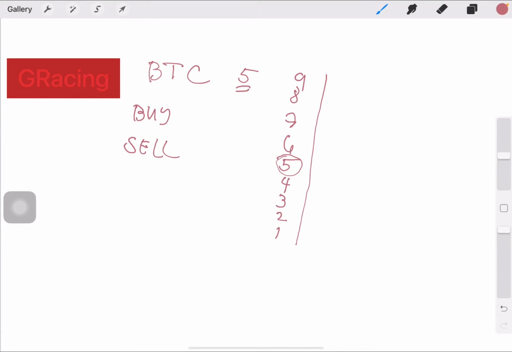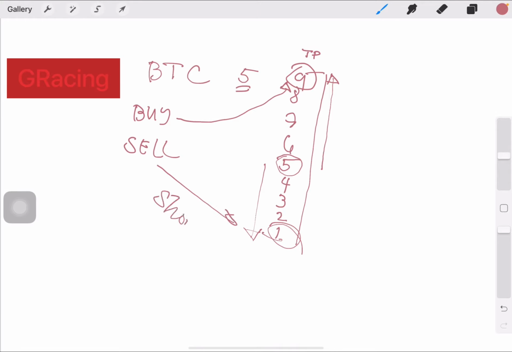If I want to buy, I'm speculating that this value will go up, so I will buy. I will take profit here. TP, take profit. This is buying. Now, if I'm speculating that this value will go down, then I take profit here. That's selling. It's called shorting. So that's how you buy and how you sell.